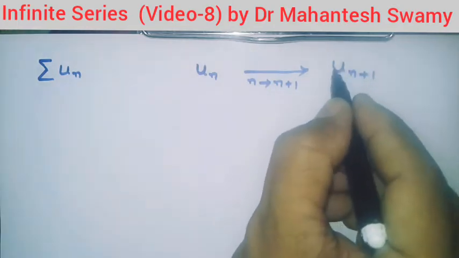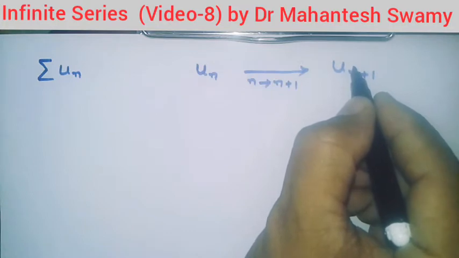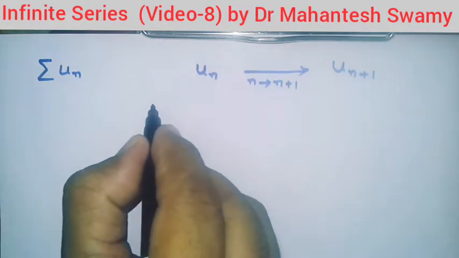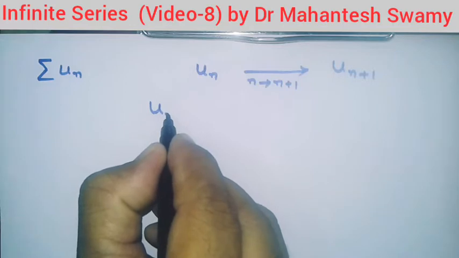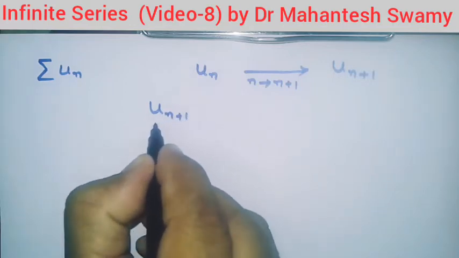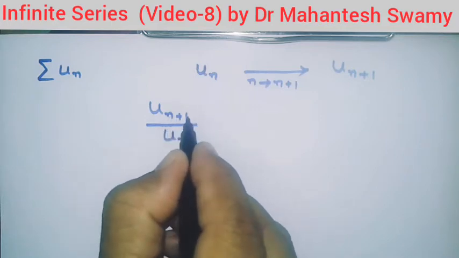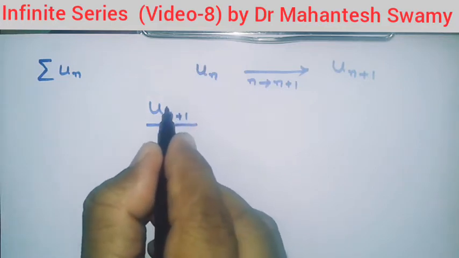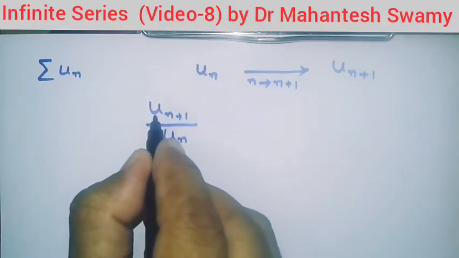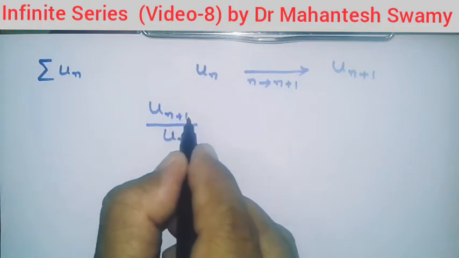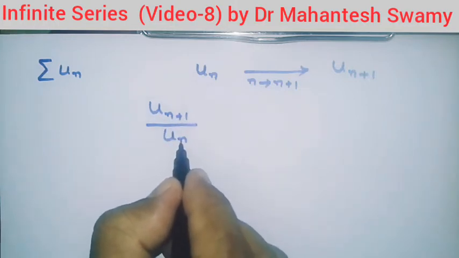After getting the n plus 1th term, take the ratio of the n plus 1th term and the nth term, that is, consider un plus 1 divided by un. This is very important: we have to keep un plus 1 in the numerator and un in the denominator.